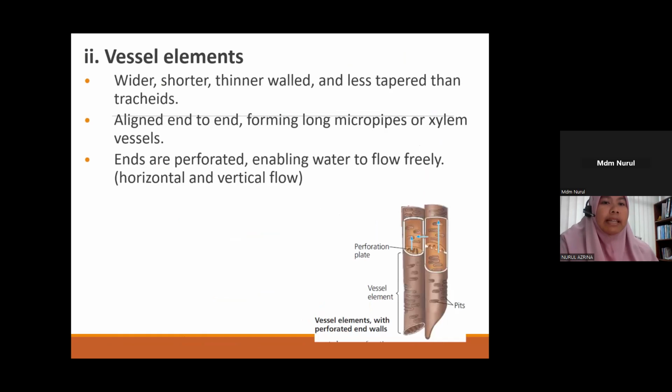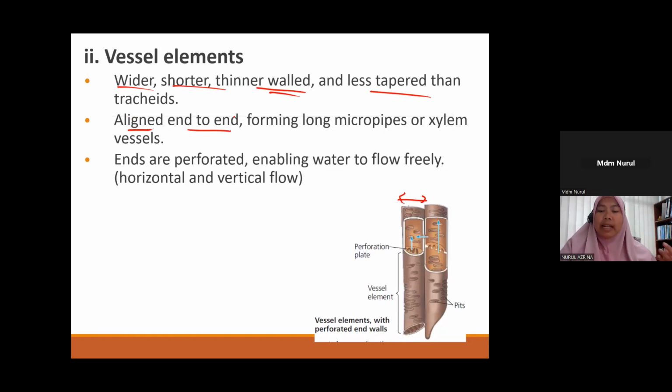A vessel element is wider, shorter, has a thin wall and is less tapered compared to tracheids. You can see the structure is a little bit wider. Vessel elements are aligned end to end, meaning like you have a very small pipe and you can connect it to another pipe, and another pipe, and become a very long pipe.